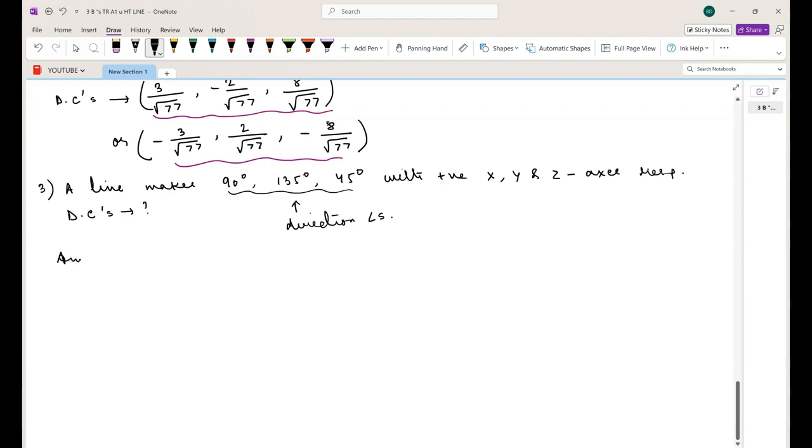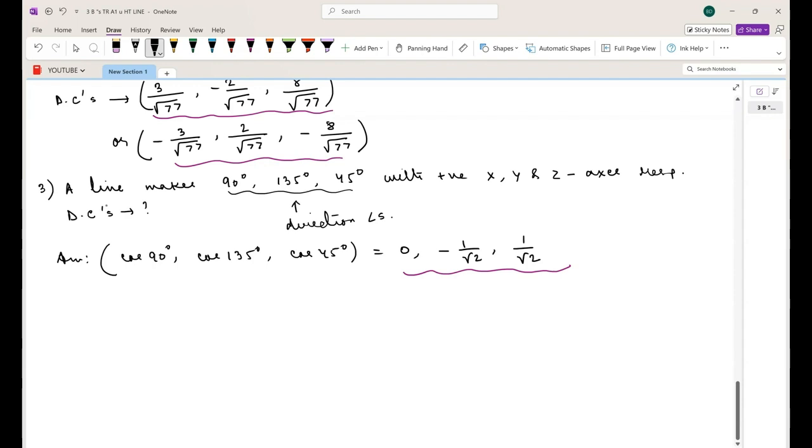The DCs will be cos 90, cos 135 degree, cos 45 degree. If you calculate the value, 0, minus 1 by root 2 and 1 by root 2. So that's the answer.